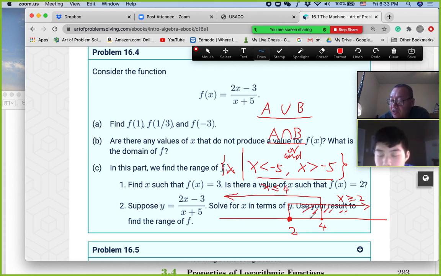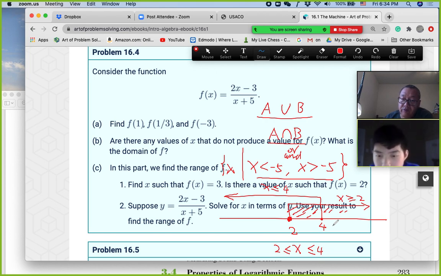Then the intersection part of these two sets actually is x greater or equals 2 but less or equals 4, right? So that's the intersection of these two sets, the shared or common part of these two sets.